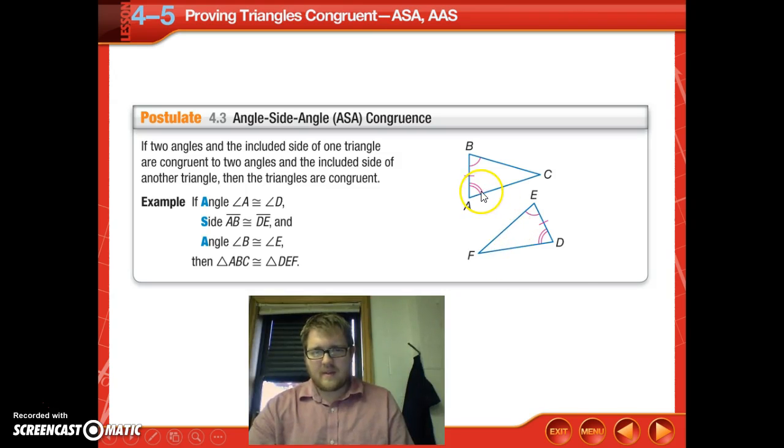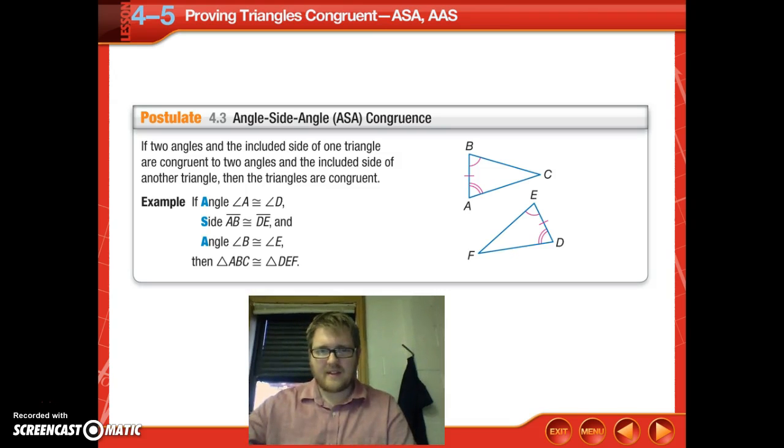You notice that they both have congruent angles in A and D, and also congruent angles in E and B. Included in between those angles are these sides. You have segment AB on the one triangle, and segment ED on the other triangle, which are considered included sides, and they are in between the two angles, so that makes the two triangles congruent.